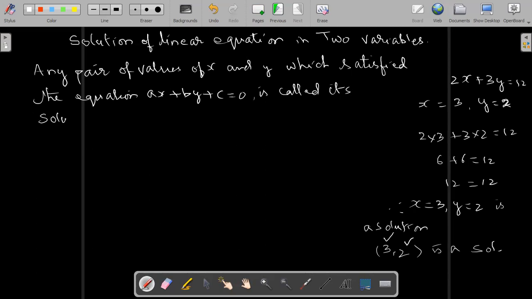First you will write this, and then this is the example. Then after that you can write this example.